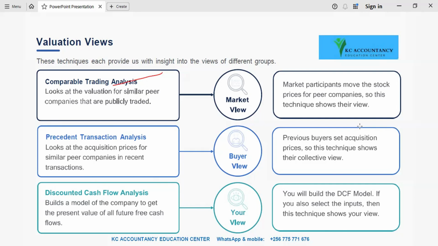It is really the various market participants that are moving the stock prices for these peer companies. So this technique shows us some insights into the market's view of the value.